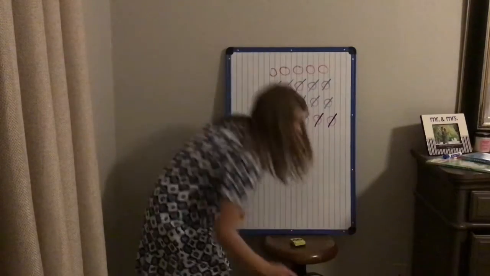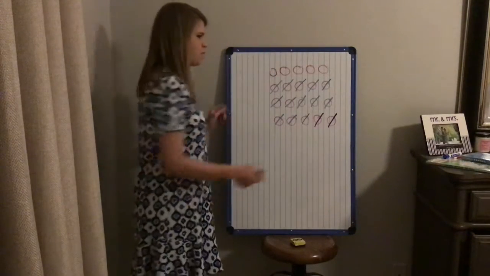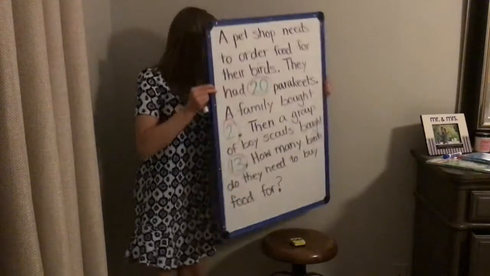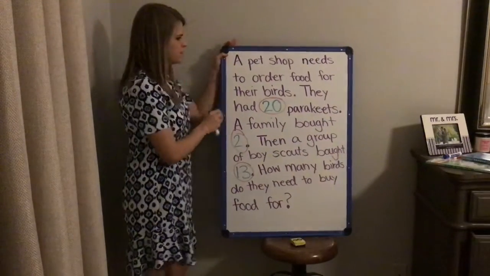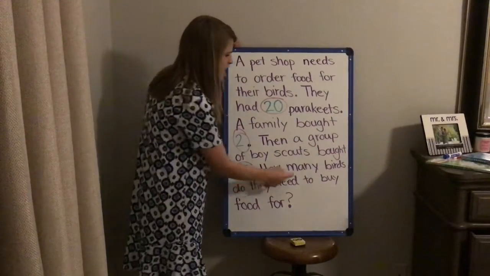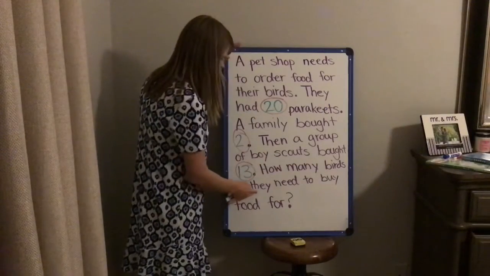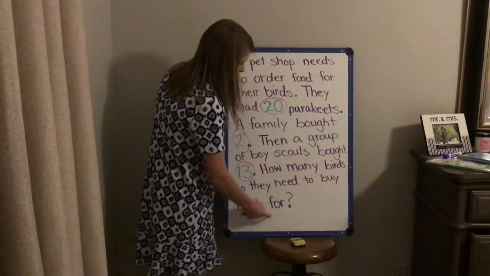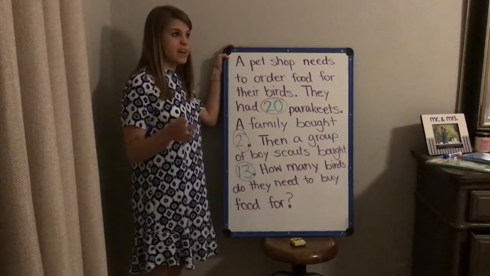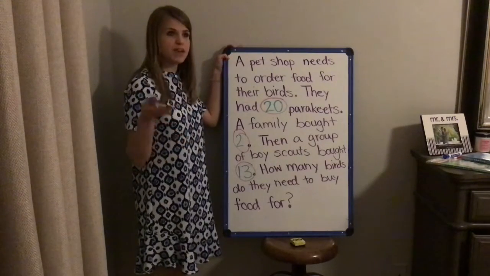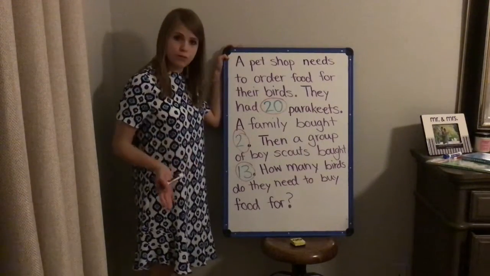Next we need to see, what was the question again? Why were we doing that? Okay. So it says, how many birds do they need to buy food for? Okay, so I need to see how many birds are left. How many birds do they need to order food for?